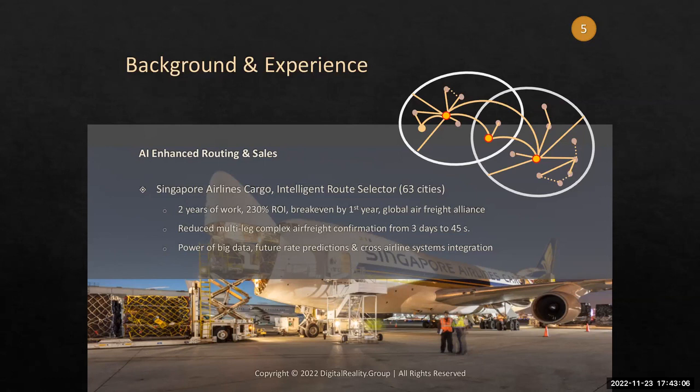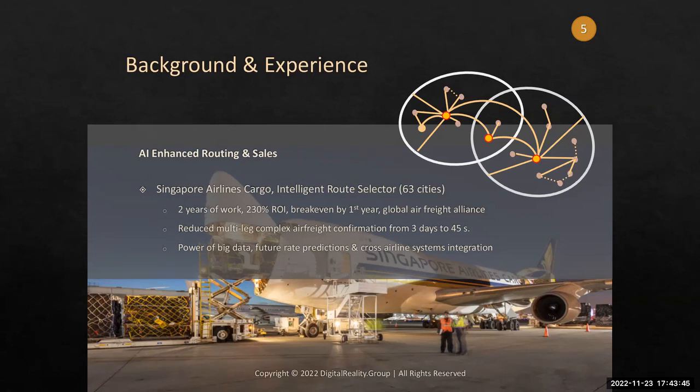At the end of the day, the deliverable was that we can book a cargo from Cairns to Cologne in 45 seconds. A lot of things are involved. We have route selection behind the scenes. We needed to engage scientists from Stanford to help with the rate prediction, because we need to know what rate we can offer, for example, in 2 months' time, which will be profitable for the company, yet appealing for the customer.